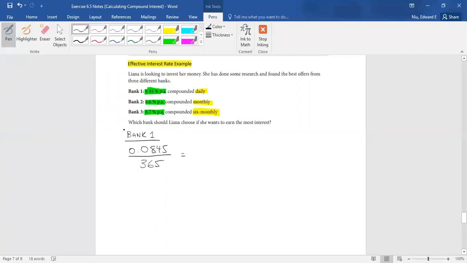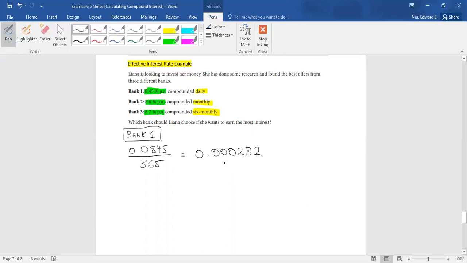So this is step 1. Let's figure out what this is. 0.085 divided by 365 equals 0.000232. So that would be 0.0232% daily.